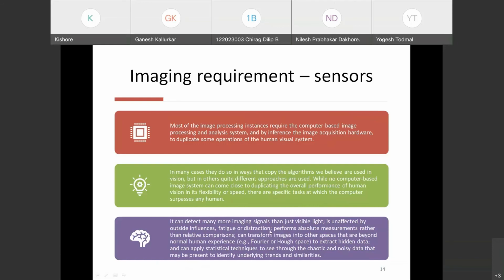This is again the benefit of using sensors. It can perform absolute measurement rather than relative comparison, and can transform images into other spaces beyond normal human experience, for example Fourier or Hough space, to extract hidden data. So we can use Fourier transformation, we can use various neural networks to get hidden information from the image.